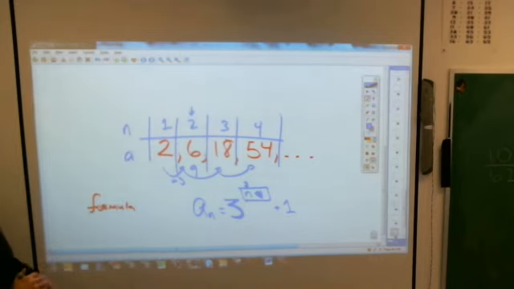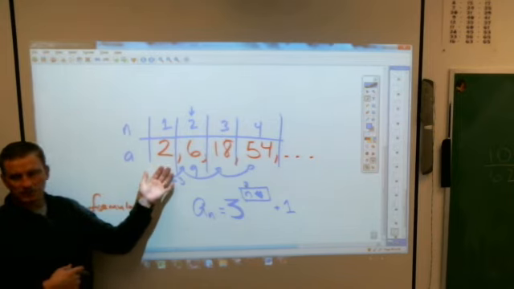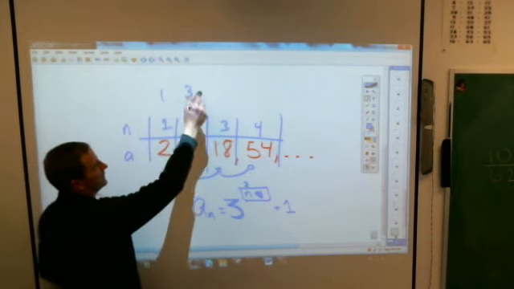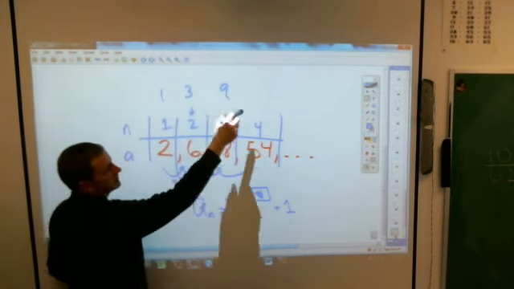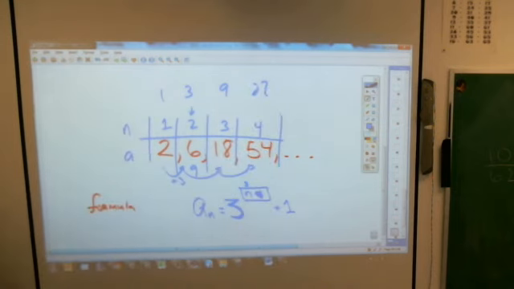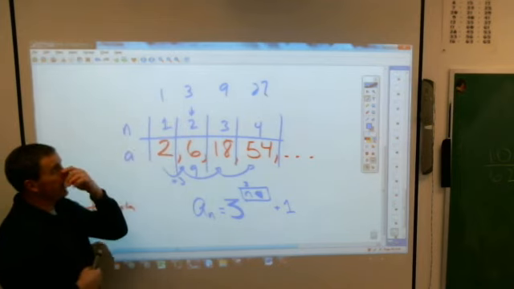Let's go back to the one that we did know that was 3s. What was the one that we did know that was 3? It started out being 1, 3, 9, 27, right? How would I get this to match up with that?